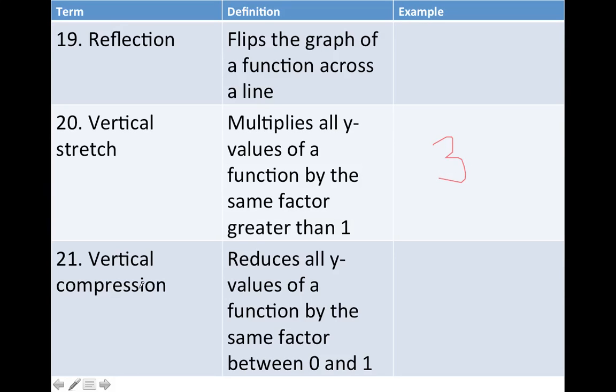A vertical compression, notice how it ends in ION, reduces all the y values of a function by the same factor between 0 and 1, so a fraction, like 1/2. Fraction, FRACTION. Again, notice how compression and fraction both end in ION. So that will help you determine between stretch and compression.